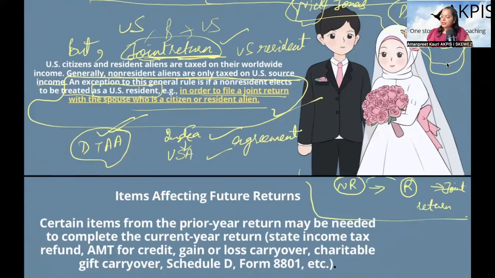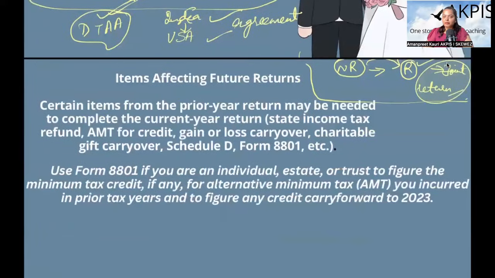But if you elect to be a resident, then automatically your worldwide income would be subject to tax, right? Whether earned in the US or not. So in that very particular situation, you are supposed to pay tax since you have elected to become a resident by filing a joint return with your spouse. So you are supposed to pay tax on worldwide income because now you are a resident and not a non-resident. That's an important thing.